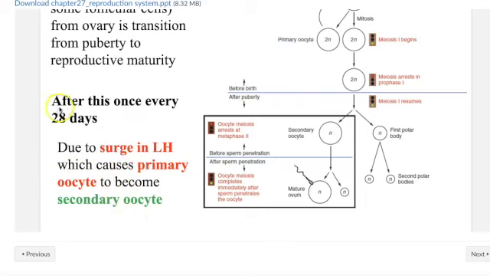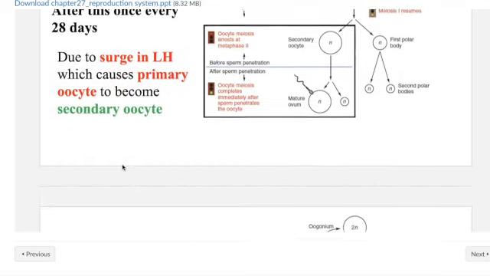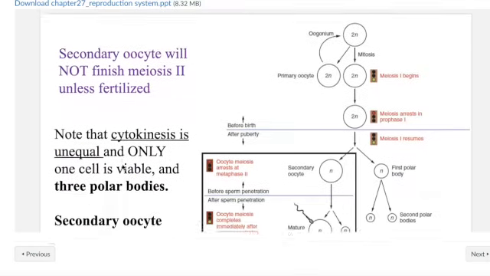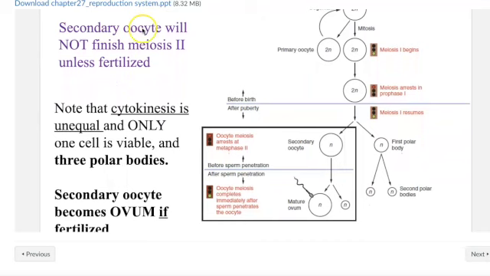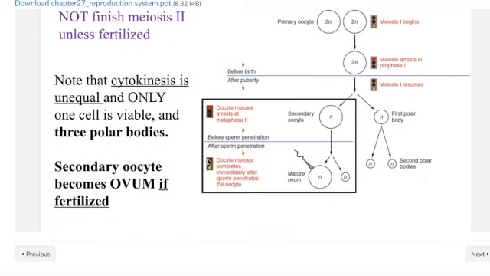I think we have a graph somewhere in the back of the slides showing the surge of luteinizing hormone, that's when the egg is released, producing one large cell. The secondary oocyte will not finish meiosis 2 unless it's fertilized.